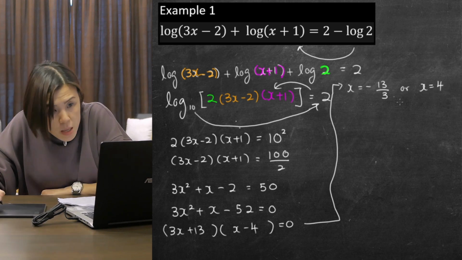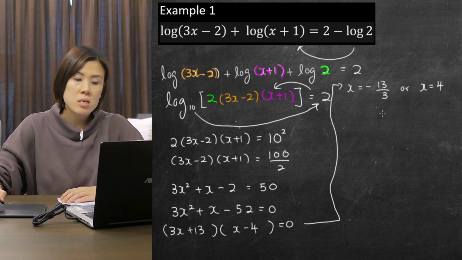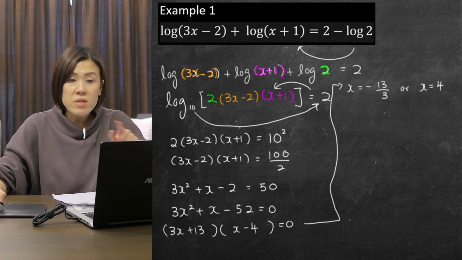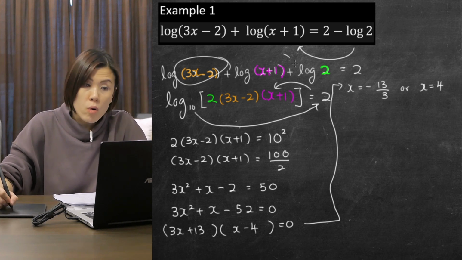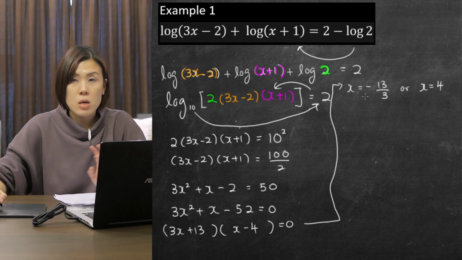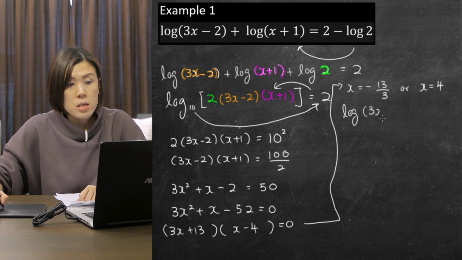So students, please bear in mind that whenever you solve a logarithm equation, checking the answer is very important. What I mean by checking the answer is, after finding the x value, we need to substitute this x value back into all these logarithms. So since we have found x equals negative 13 over 3, I'm going to substitute this value into log(3x minus 2).